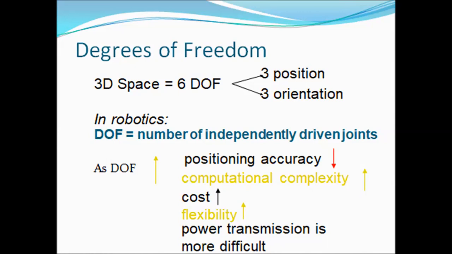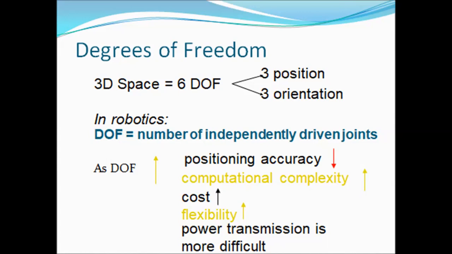Next, the complexity of the system will also increase. The system will be more complex if you increase the degree of freedom, because the control requirement also increases. It will be more difficult for the controller to control each degree of freedom. Then next is the cost of the product.